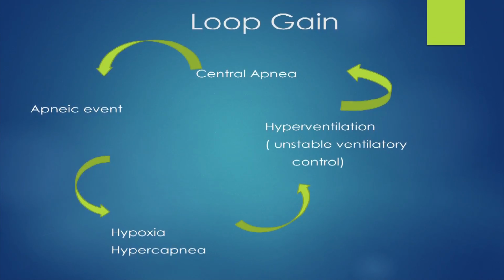However, instability of the respiratory control system, beyond just simple obstructive sleep apnea, can lead to an increased ventilatory response, or what's called a high loop gain. This loop gain is the respiratory feedback mechanism.